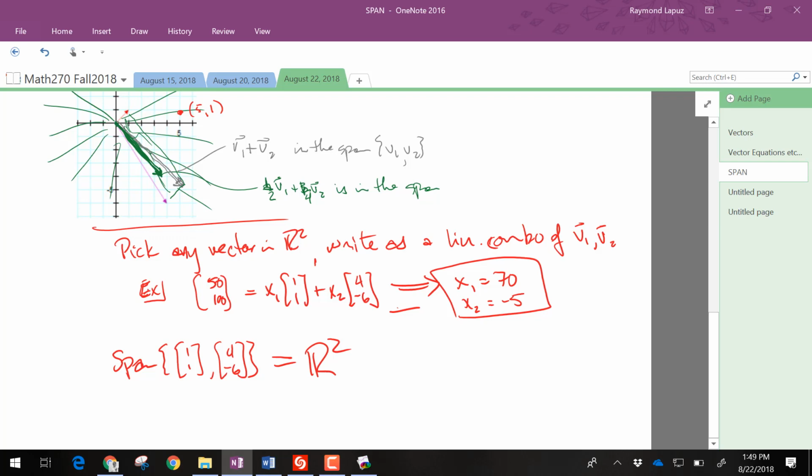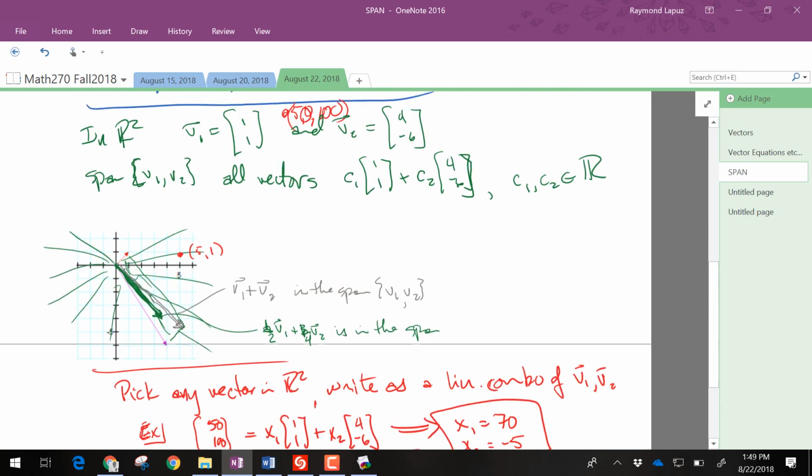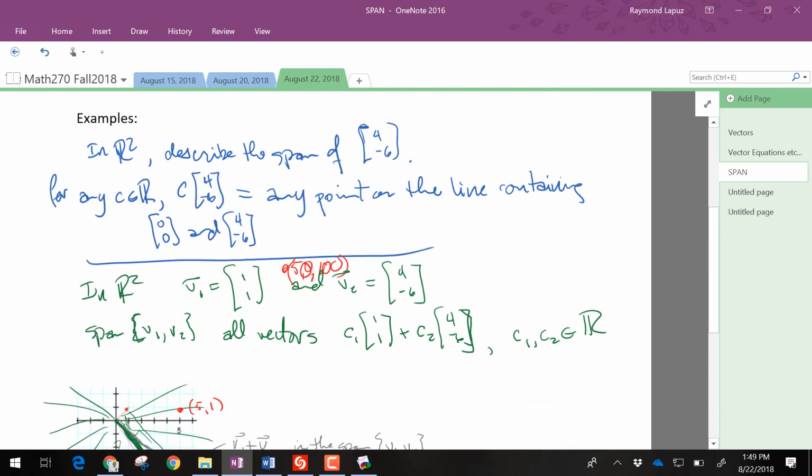And I can always find a solution for it. Yeah. Yes. Well, our first example is an example where the span is only a line.